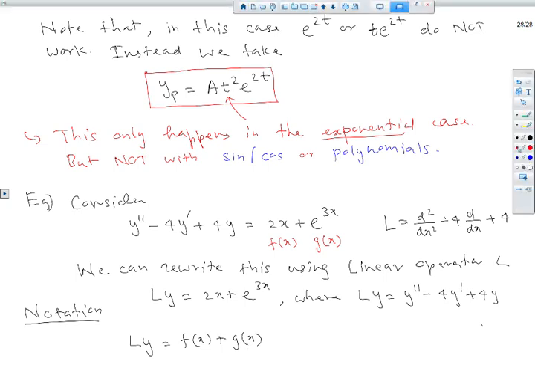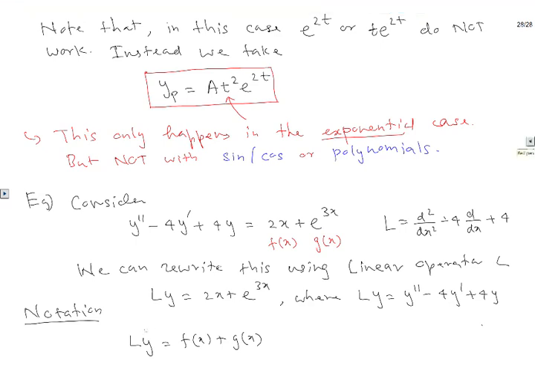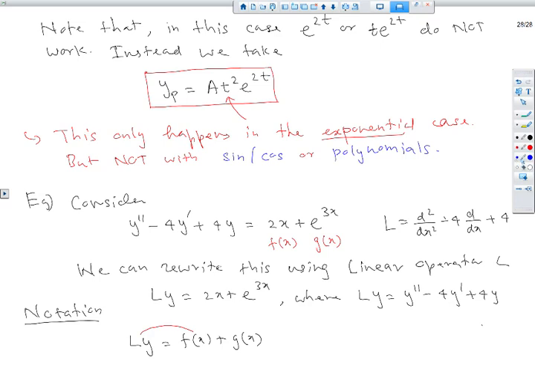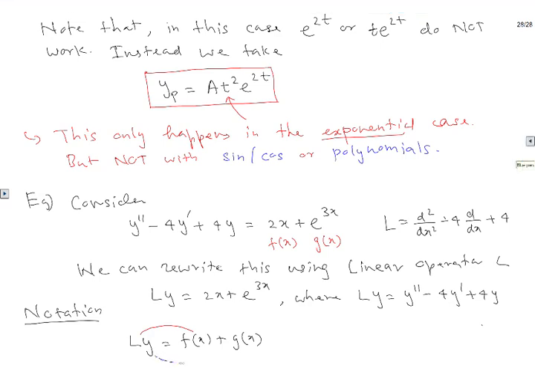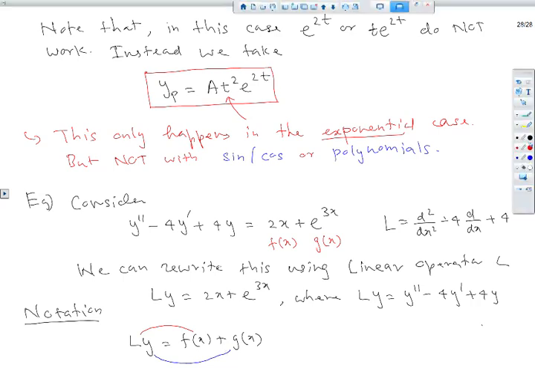You're going to try to solve this one and that one separately, and then you're going to add the two solutions that you get. You try to find the particular solution for each type, and then add those two solutions. So let's talk about that a little bit.